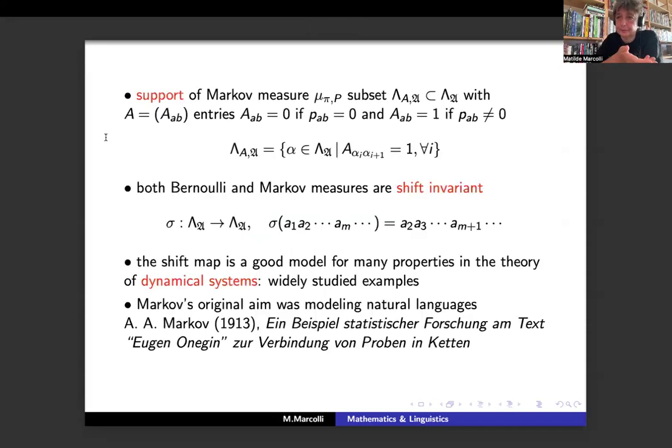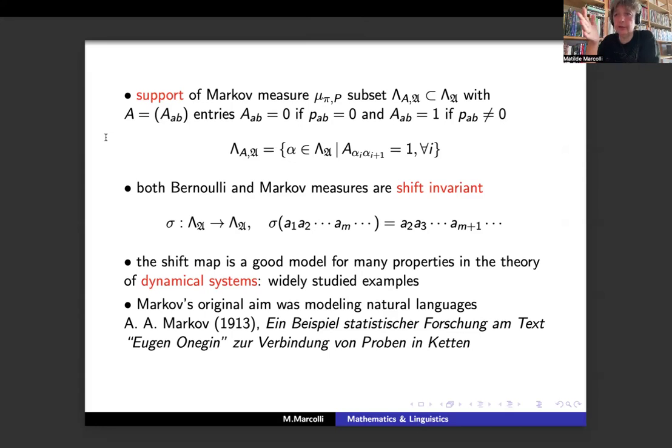And in particular, in these cases, this Markov measure will have a certain support, which are the pairs of successive letters that are allowed to occur. Outside of the support, it will have probability 0 for a certain successive pair of letters. And both the Bernoulli and the Markov measure have an invariance property.